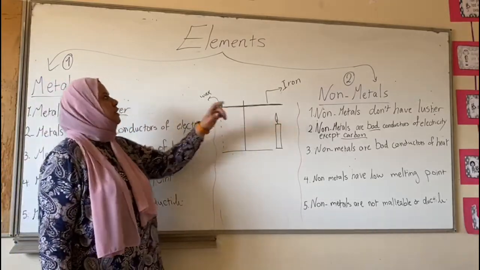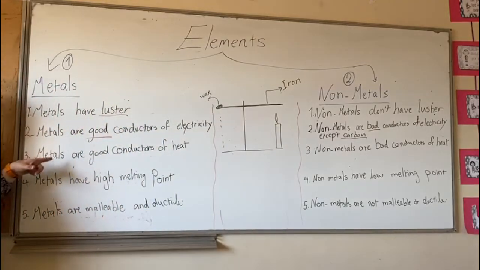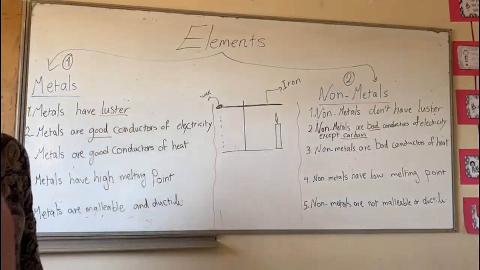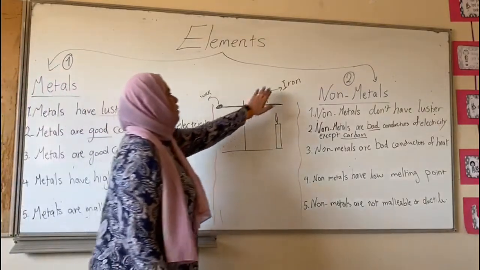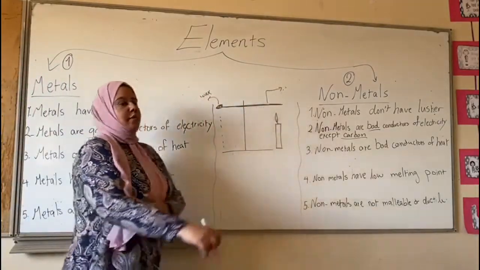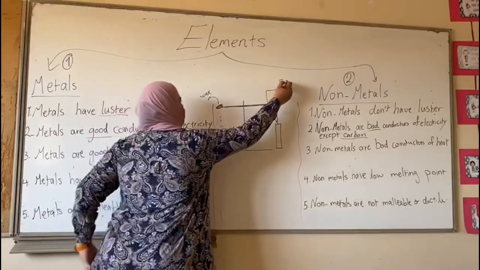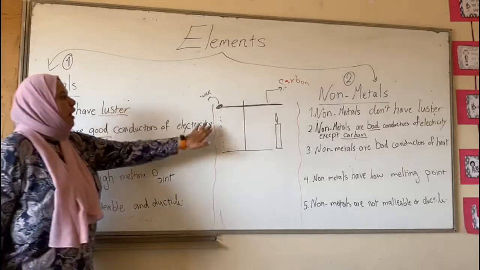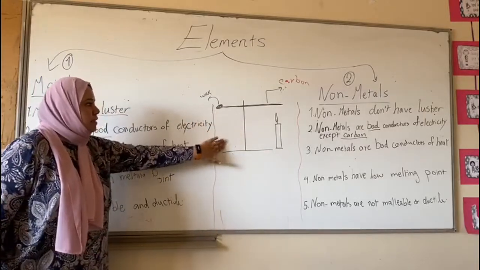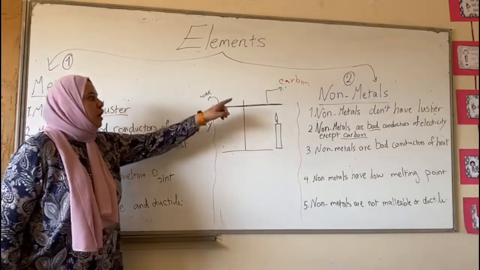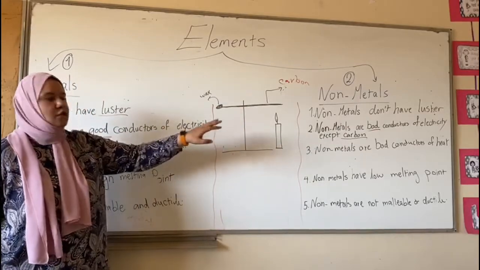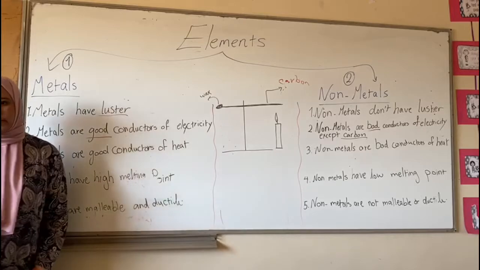Because iron is a metal and metals are good conductors of heat. If I replace this iron rod with a carbon rod, the wax will not melt. Why? Because carbon is a non-metal and non-metals are bad conductors of heat.